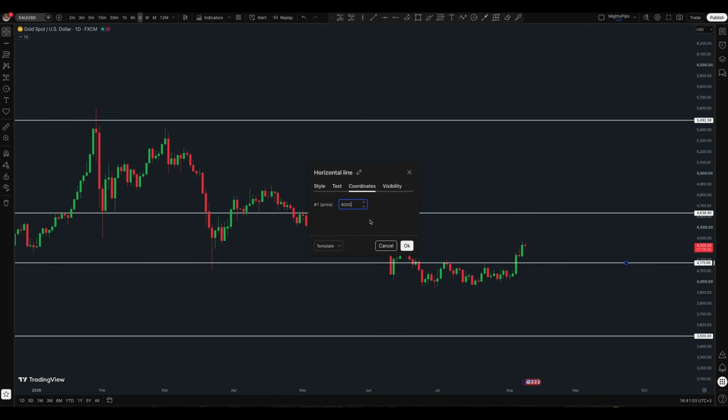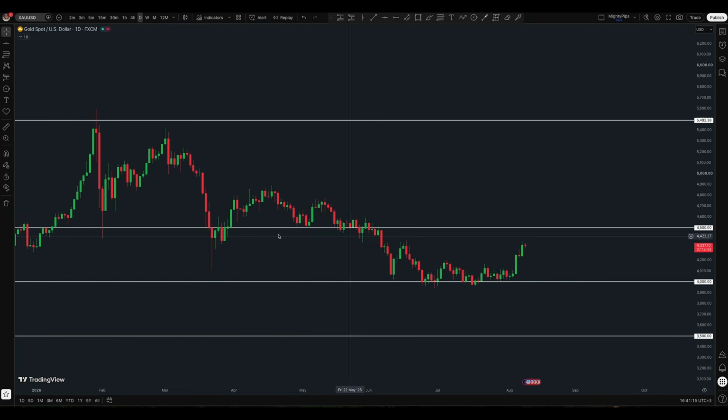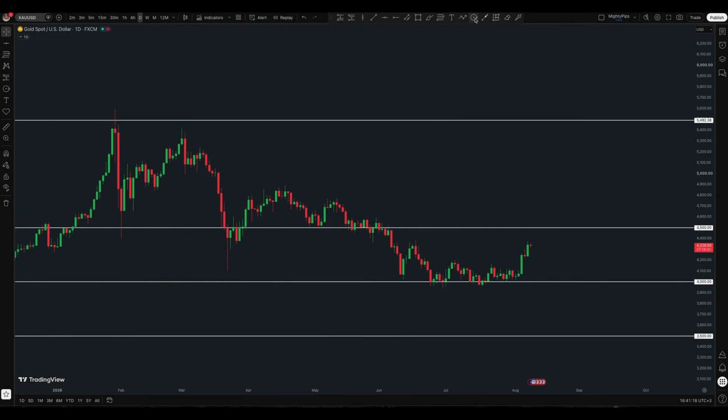So the next psychological level is 4,000. You can see gold has been rejecting around the 4,000 psychological level. So the next one above is 4,500, right? Make sure you have these levels. You can see this psychological level was also tapped many times here in the past. The market has been rejecting there, and then it was rejecting around 4,000. And now it went back up and it is approaching 4,500.